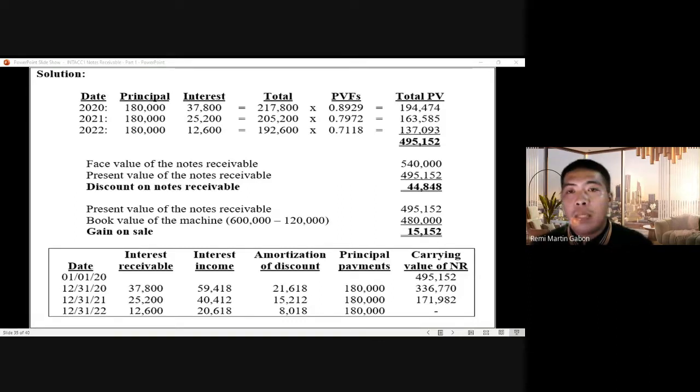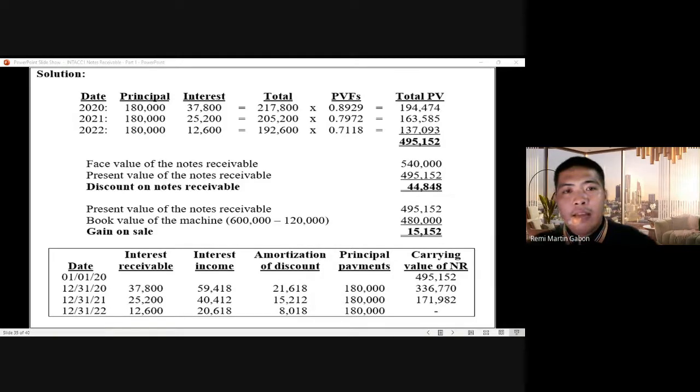Oops, hindi pa tayo tapos sa process. So after adding 21,618, yung 516,770, bawasan po natin ng 180,000. Kasi nga ulit, installment basis. So bawasan ng 180,000.